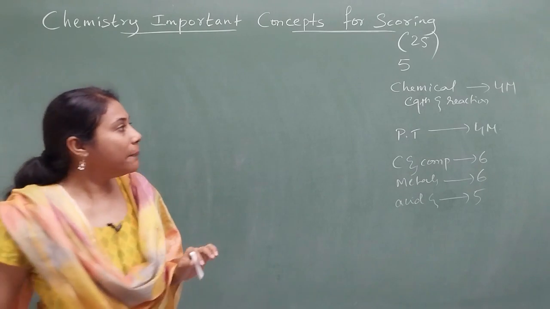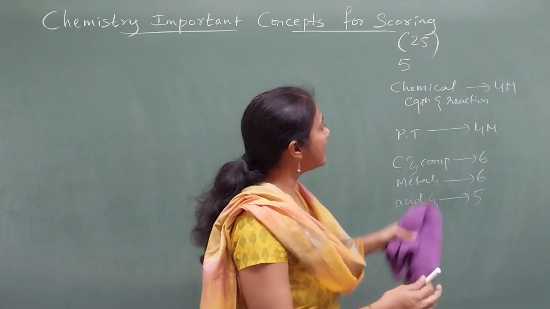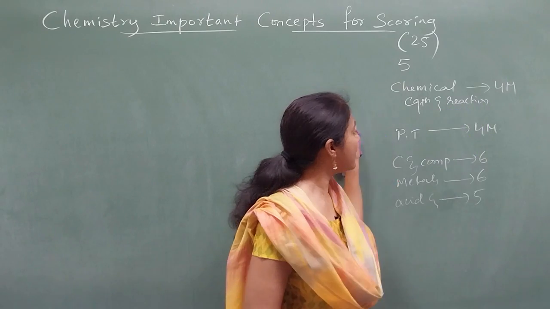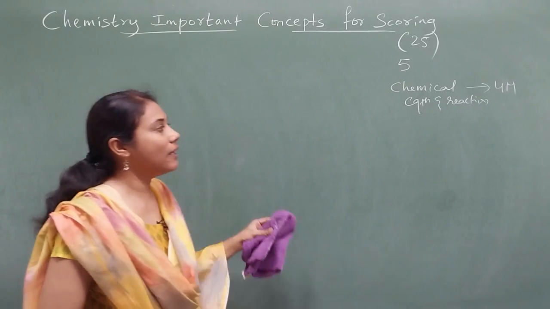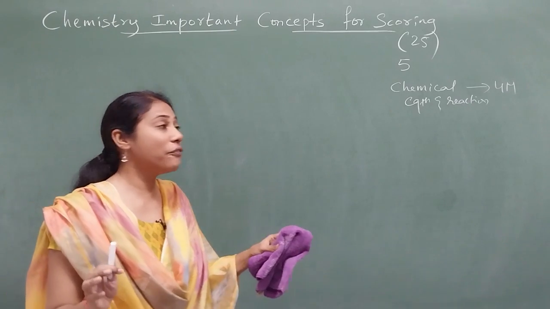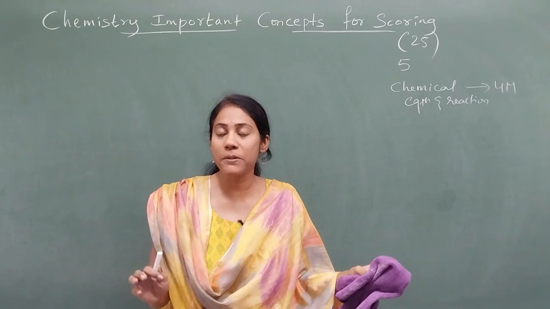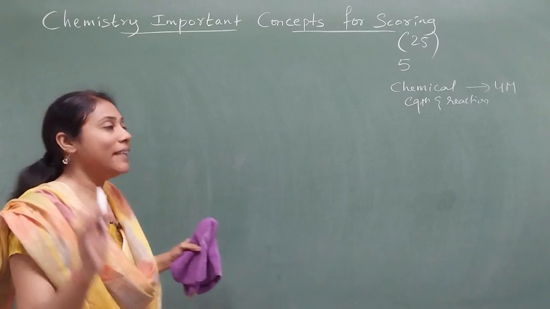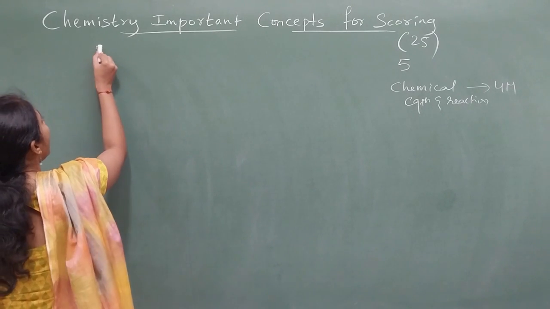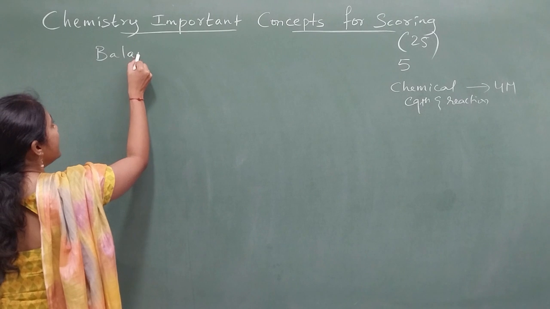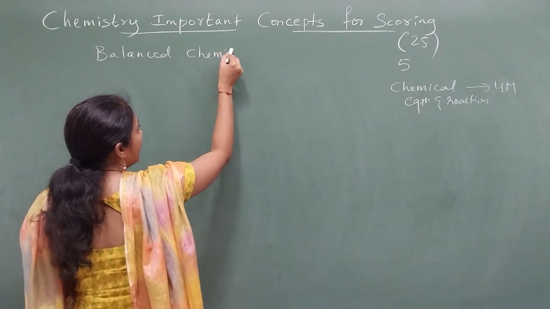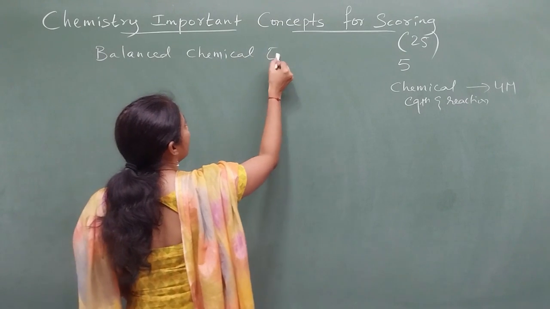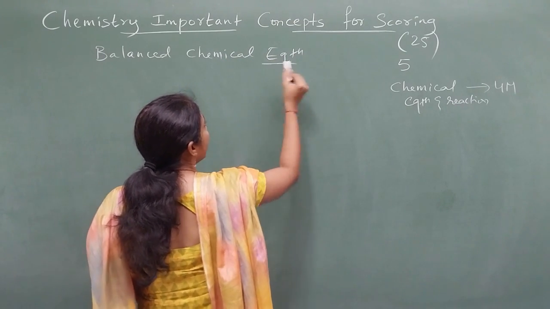Now coming to what you have to concentrate on in chemical reactions and equations. This chapter is pretty simple. Before we go to the important concepts of chemistry, keep in mind that you have to write balanced chemical equations for chemistry questions. Balanced chemical equations are very, very important.